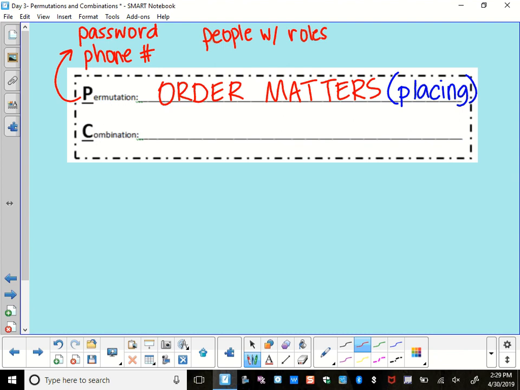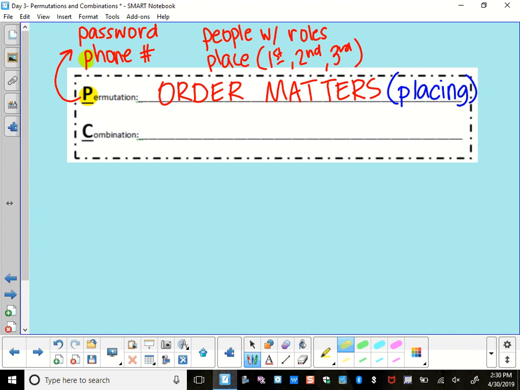So anytime you have a role like president, vice president, treasurer, things like that, that's order matters. Or if there's a race, first place, you can write that too, place. First place, second place, third, order matters, right? If you're first versus third, it's a big difference. Do you notice anything with all these examples?